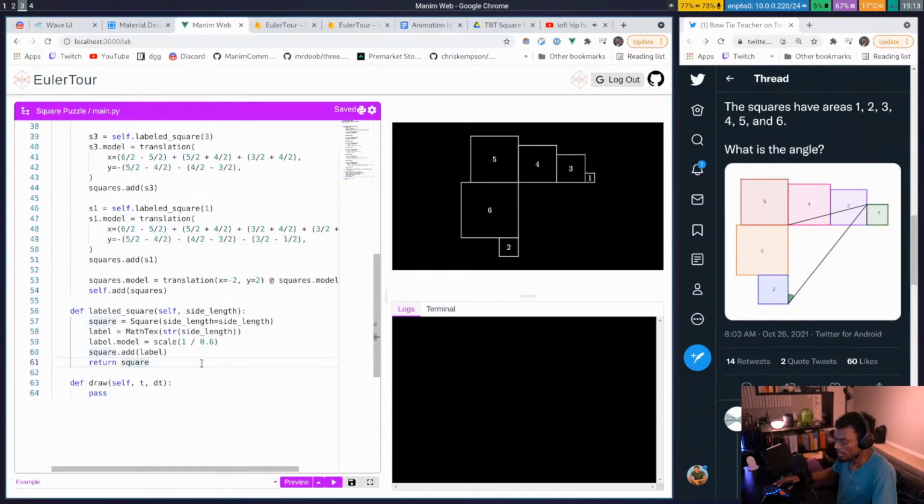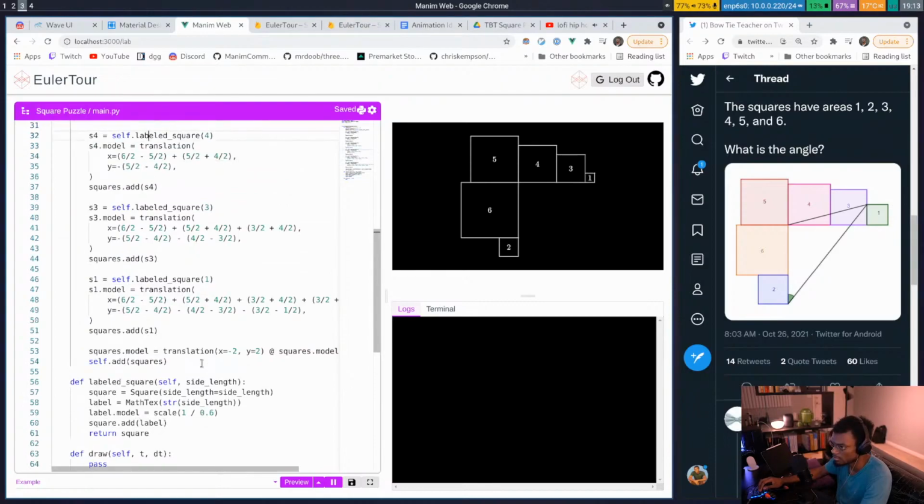So for one of these squares, maybe I should have like a get corner or something. I guess that doesn't make too much sense. It would be kind of useful, but I think it's more code than I actually even need.